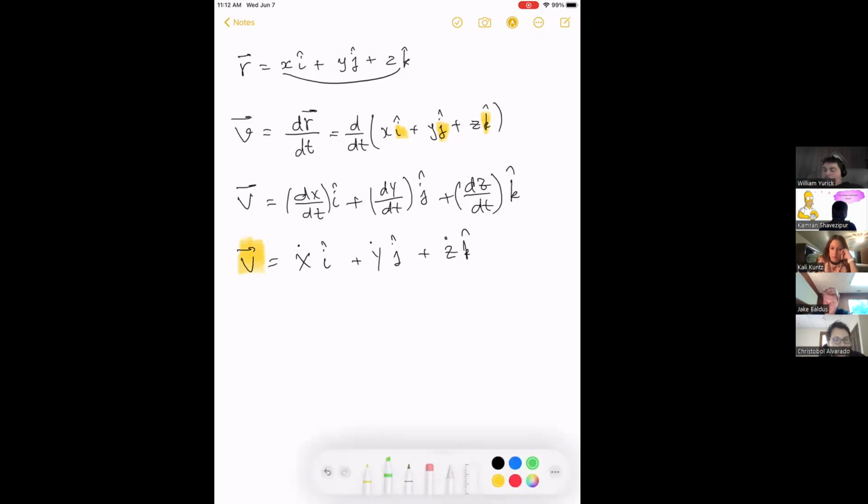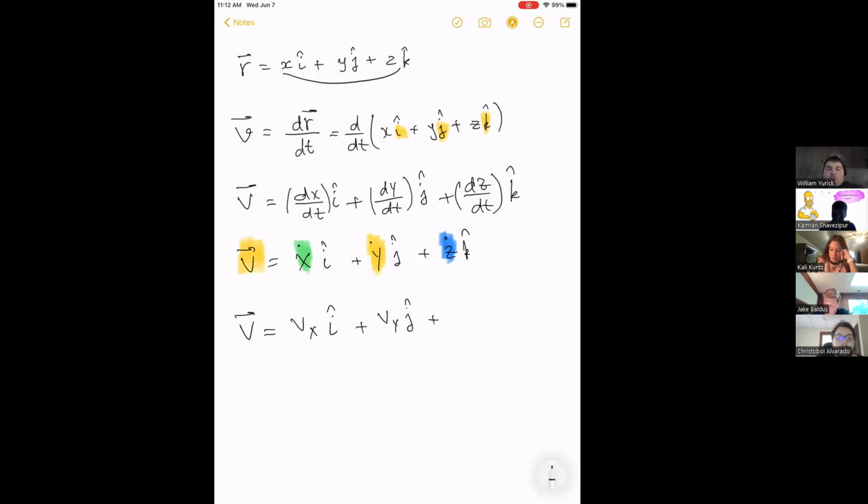So if I do that, this is the x component of velocity, this is the y component of velocity, and this is the z component of velocity, correct? Because x dot comes with i, y dot comes with j, z dot comes with k. So if I want to rewrite that, can I write v as vx i plus vy j plus vz k? Can I do this?